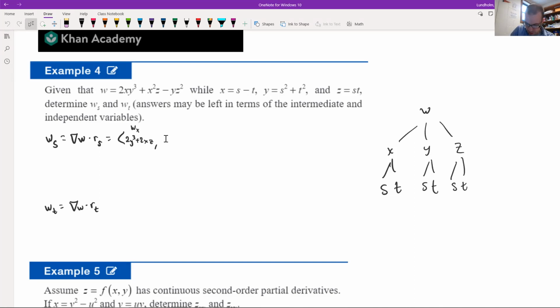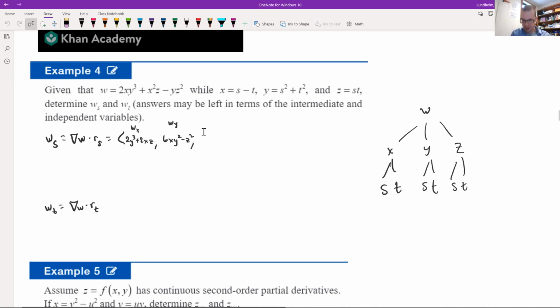Here's where we find the partial derivative of W with respect to Y. Here we get 6xy squared according to the power rule. There's no y's in the middle term here, and there's one y over here, so we just get minus z squared.